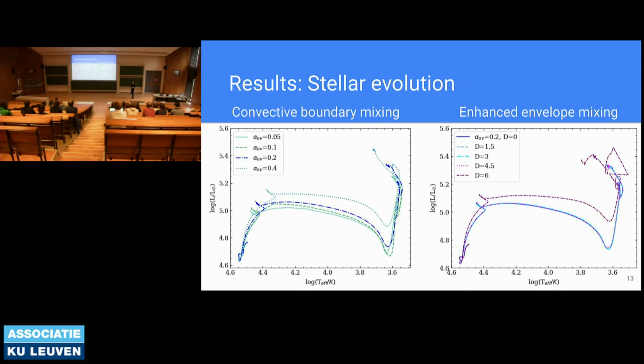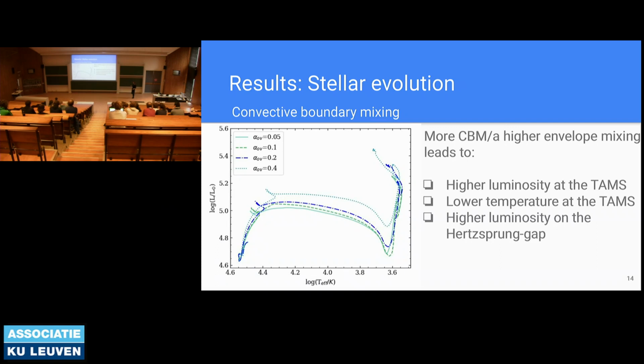And the more massive your star, the faster it evolves, the less time you have. So only when you add quite a lot of extra mixing in your envelope, you start seeing the difference. And again, it moves up, though while here it moves more diagonally, here the change is more vertical.